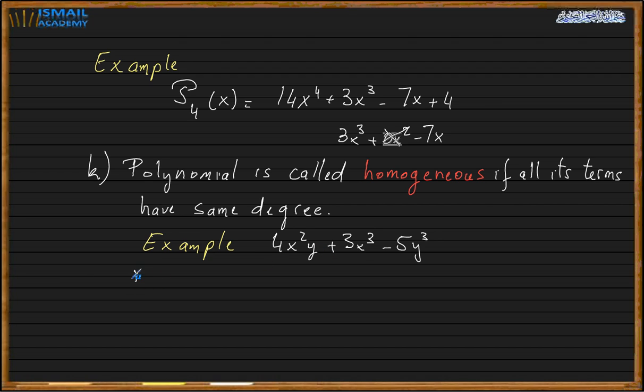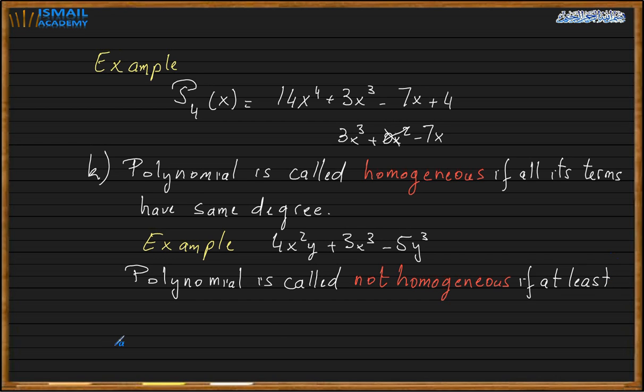So the polynomial is called not homogeneous if its terms do not have the same degree.